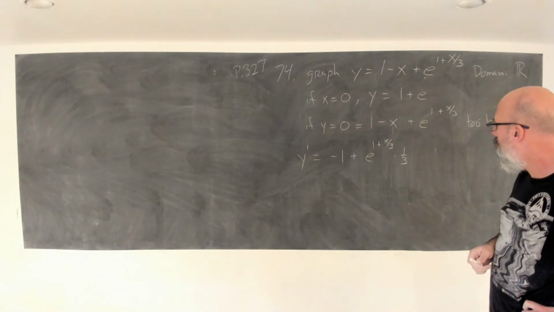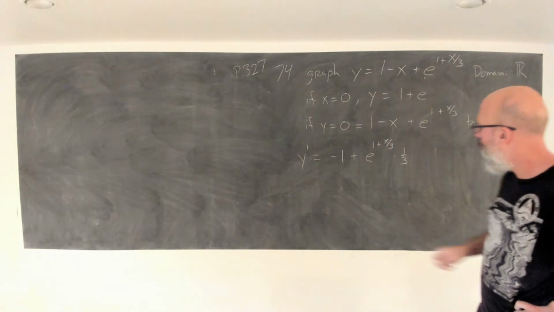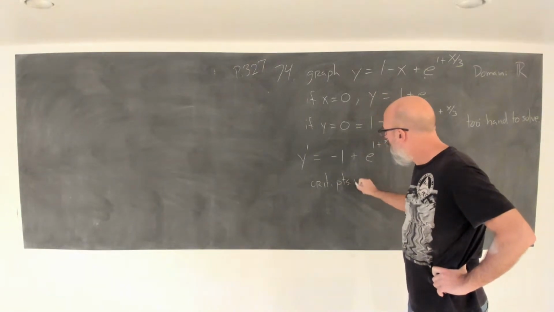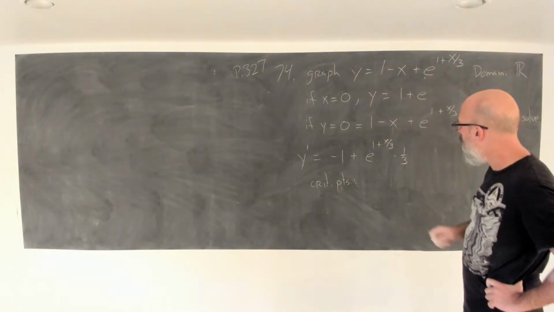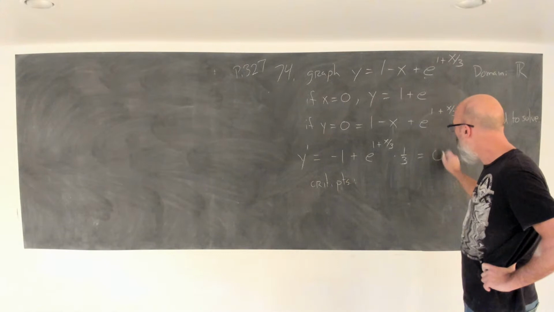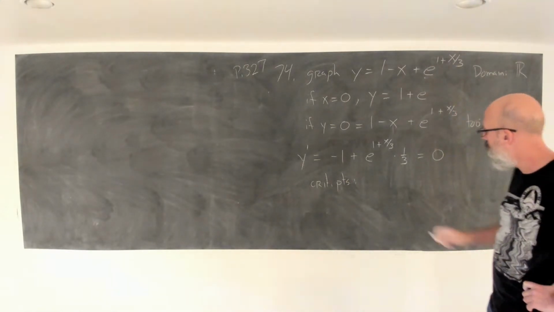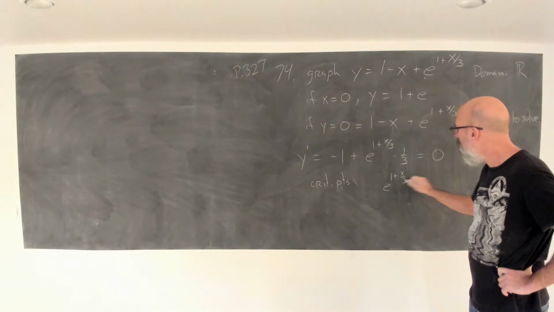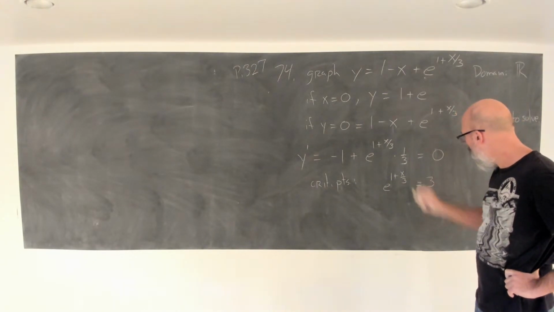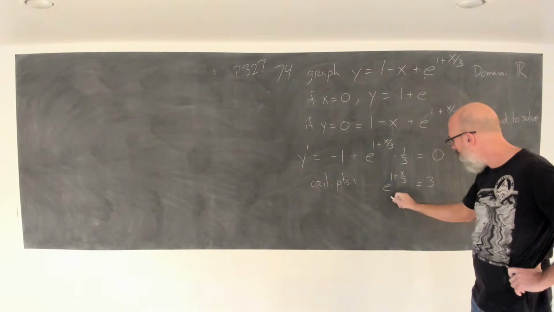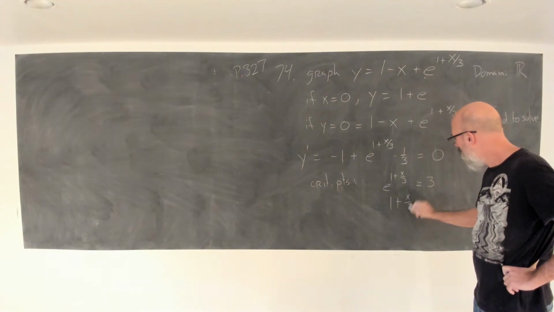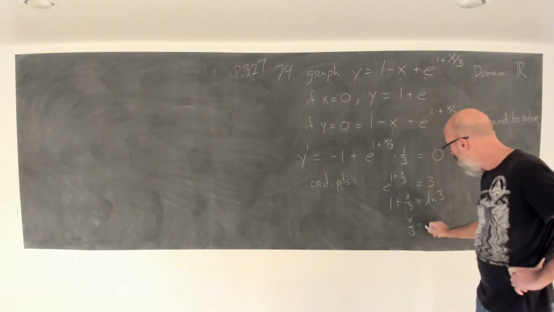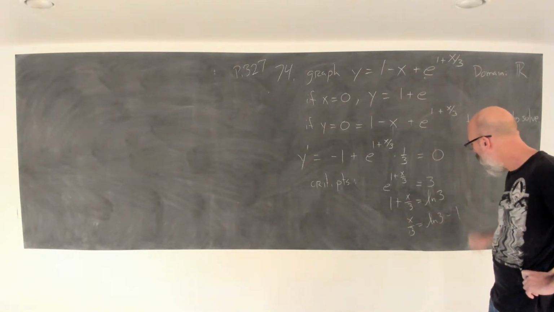What are the critical points here? You see that the derivative always exists, so critical points are going to be where this is equal to 0. In other words, where e to the (1 plus x) over 3 is equal to 3. Take ln on both sides. (1 plus x) over 3 is ln 3, so x over 3 is ln 3 minus 1.